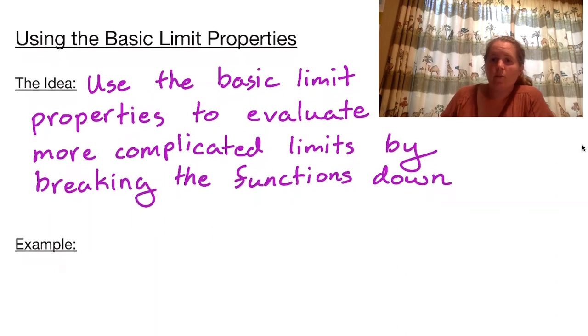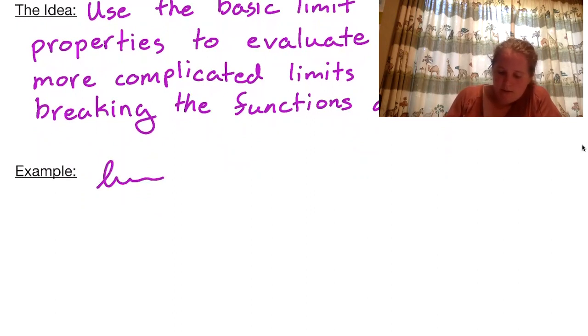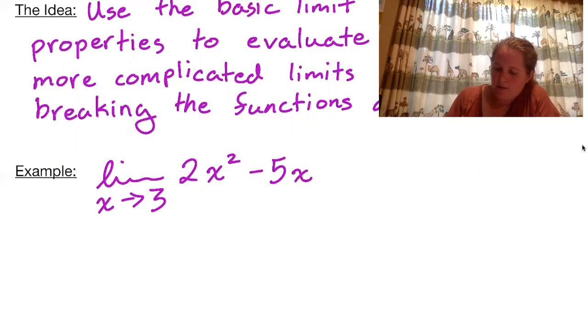So for example, if we wanted to take the limit as x approaches 3 of 2x squared minus 5x plus 3, we could break this down.